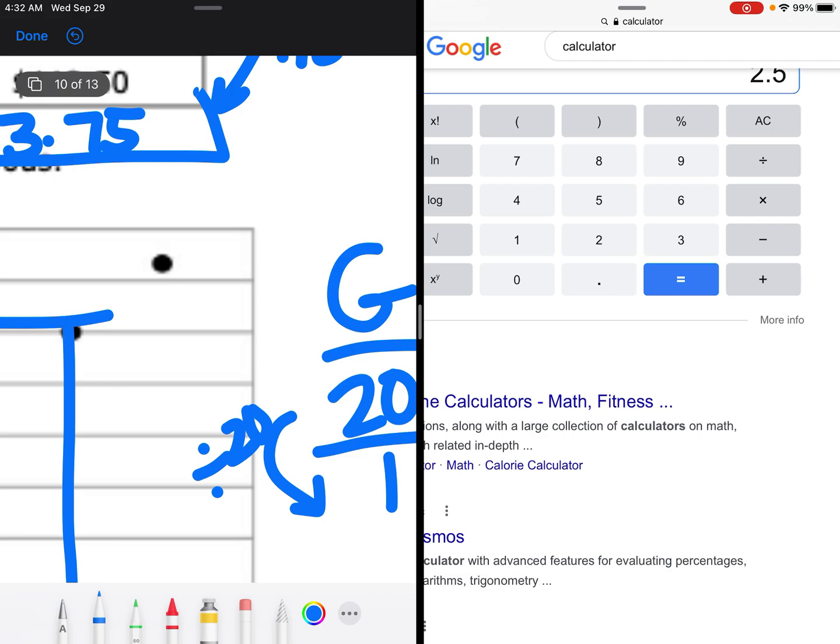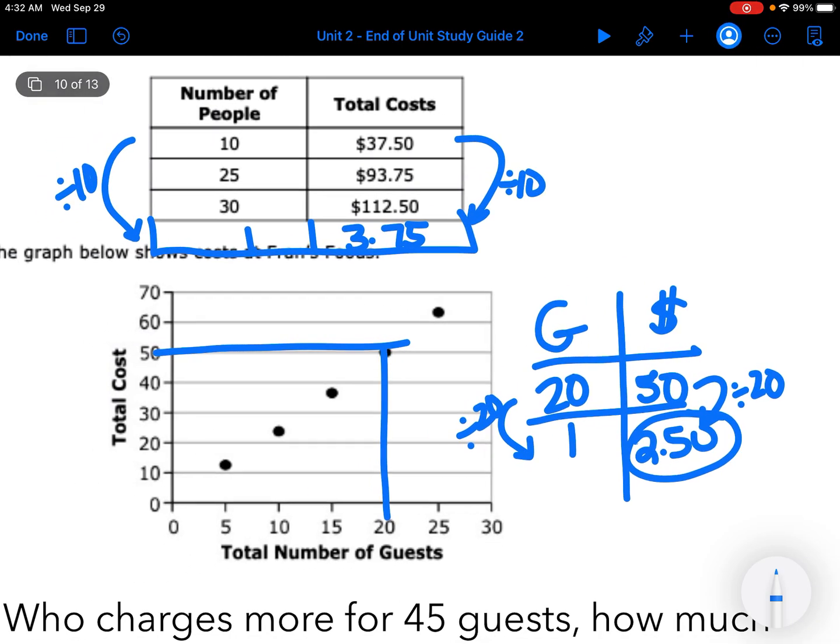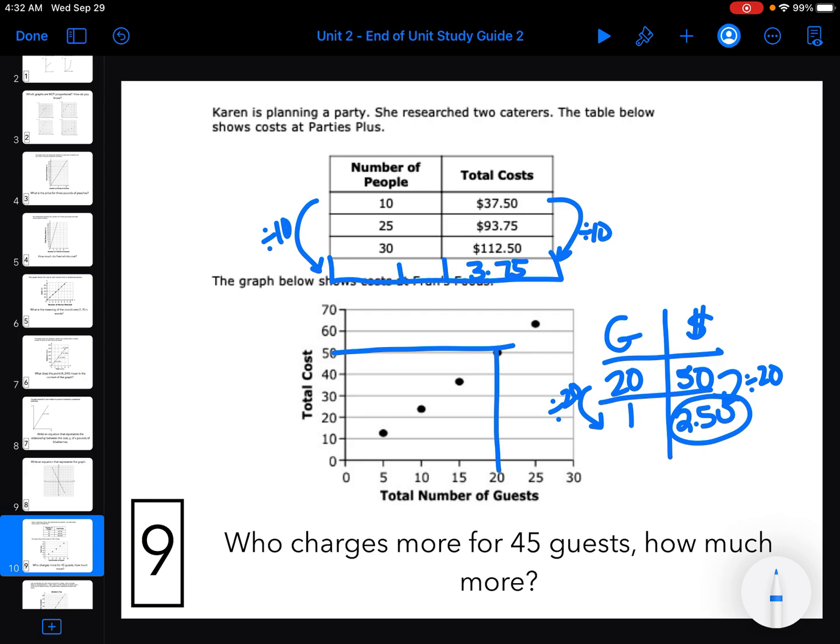Yep. Okay, so who charges more, it's going to be Parties Plus.